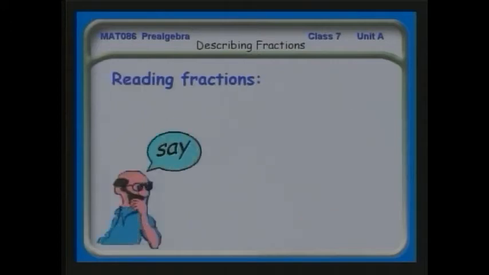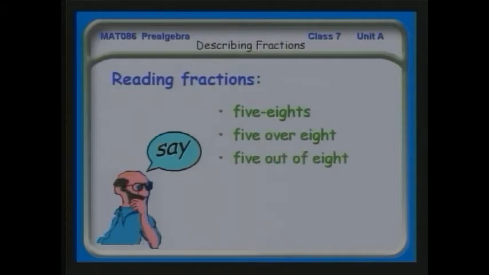When we talk about these things, we say 5/8, 5 out of 8, 5 of 8, 5 divided by 8. All of these are equivalent ways to describe the fraction 5/8, where 5 again is the numerator and 8 is the denominator.